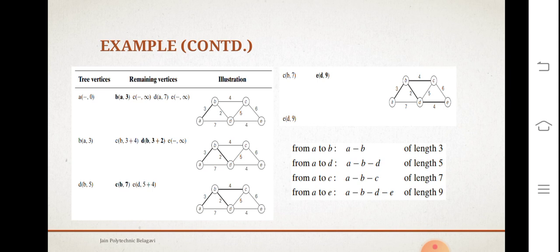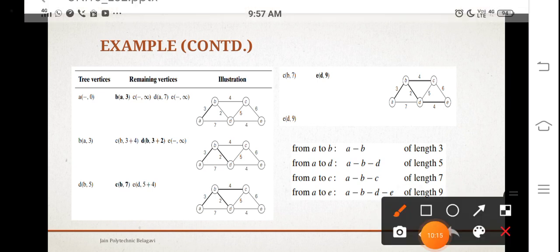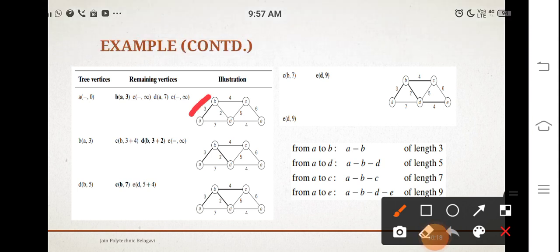So from A to B is there, from A to D is there. Among these two, the minimum weight is 3, so that we are selecting. The length of that A to B is 3, then that edge we are selecting. Again from B and A, among these, B to D is there, B to C is there, and A to D is there.